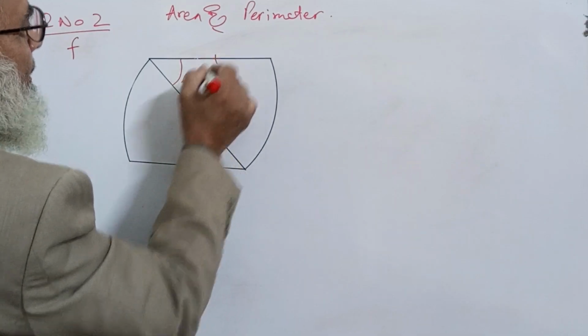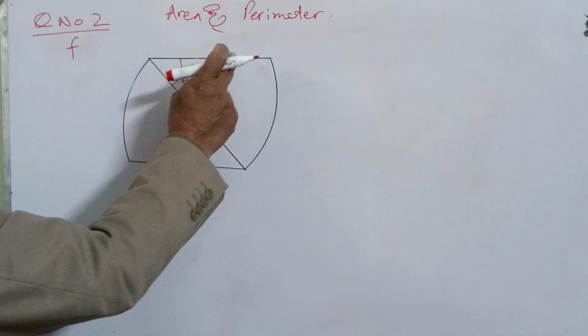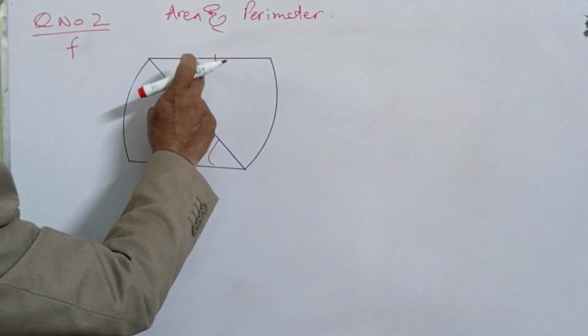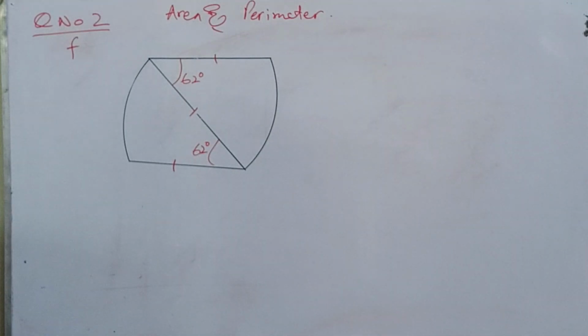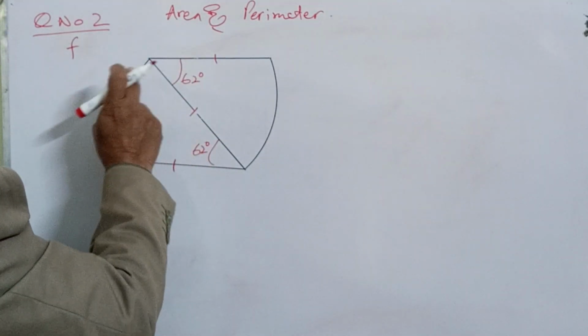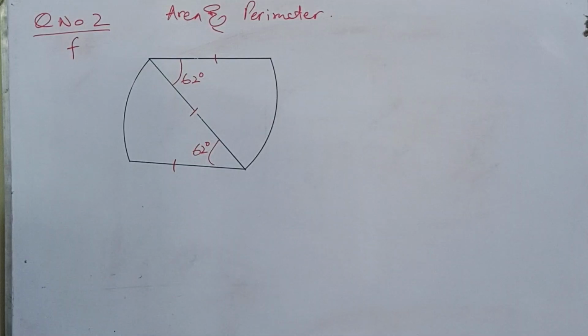This line, and this line. Got to remember anything? No. Let me recall you that these are the parallel lines, and these are the alternate interior angles. You see, these are the parallel lines because in parallel lines the alternate interior angles are equal.